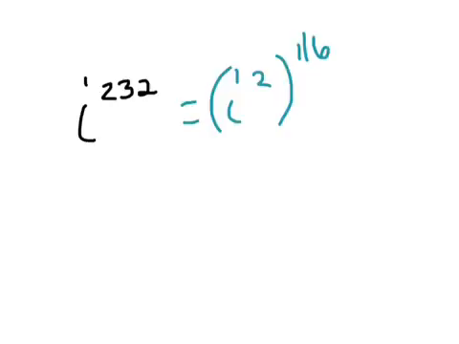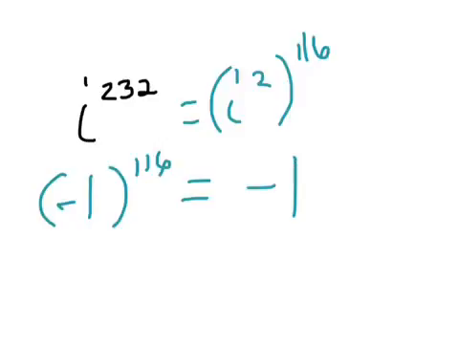Now the reason this is so important is because we know that i squared is actually just negative 1. And we know that negative 1 to the 116th power is just... I'm sorry, I just realized my mistake here.